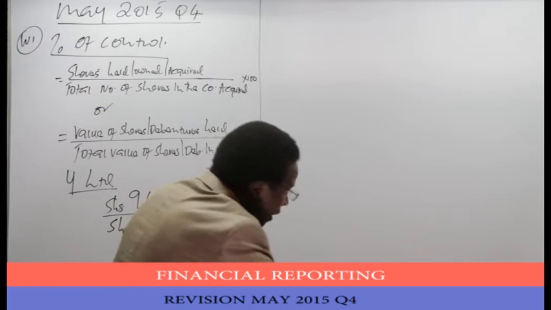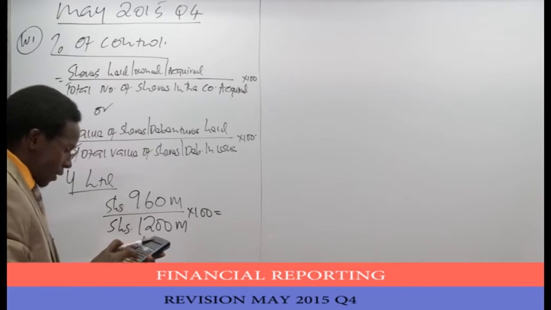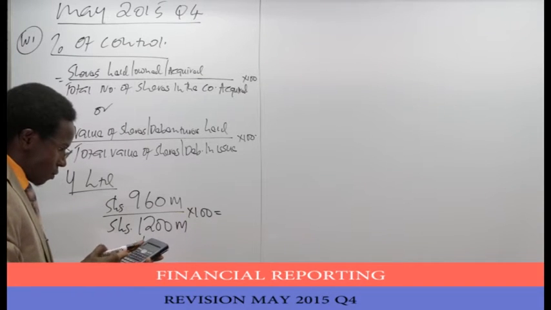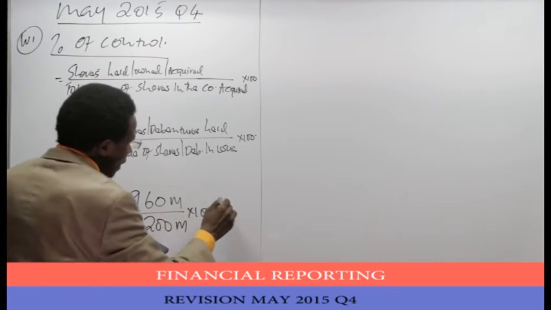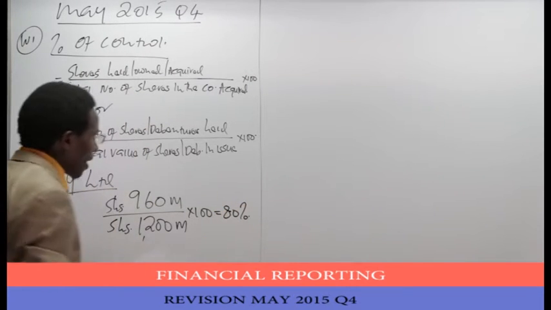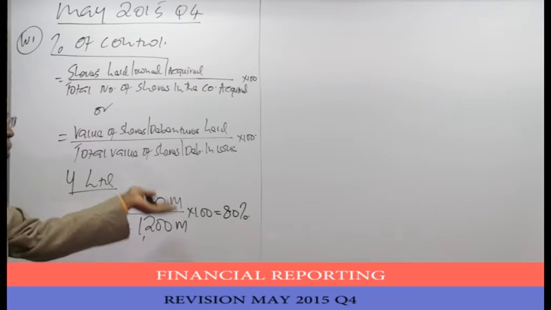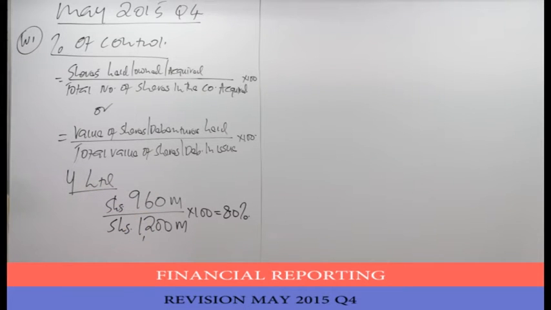So how much is that going to be? We have 960, that is 80%. This means that if we were looking at control from the percentage perspective, then Y is a subsidiary.